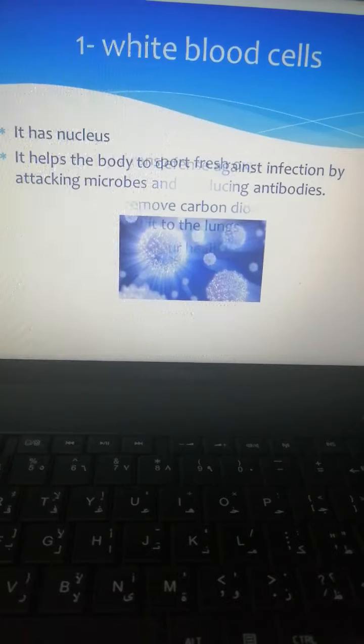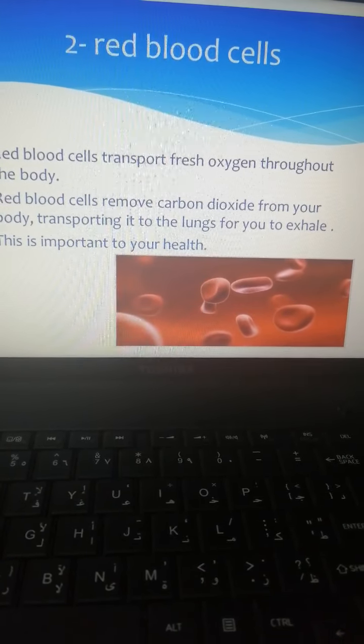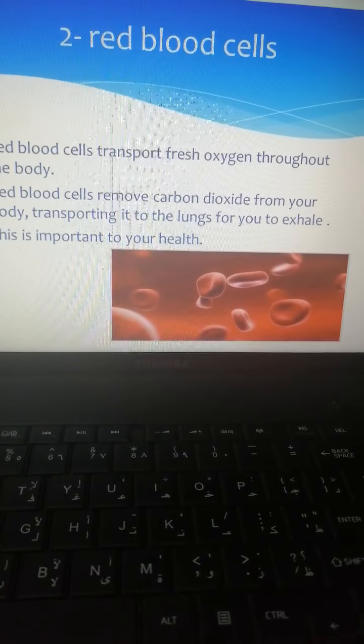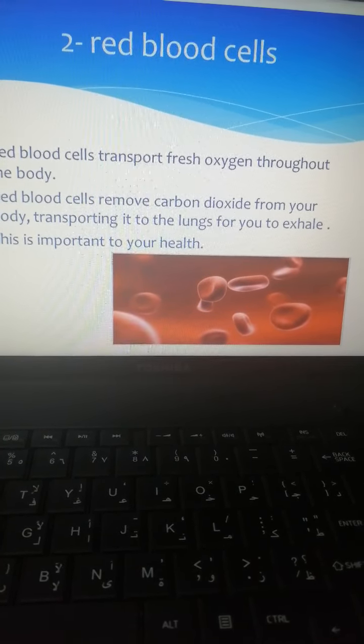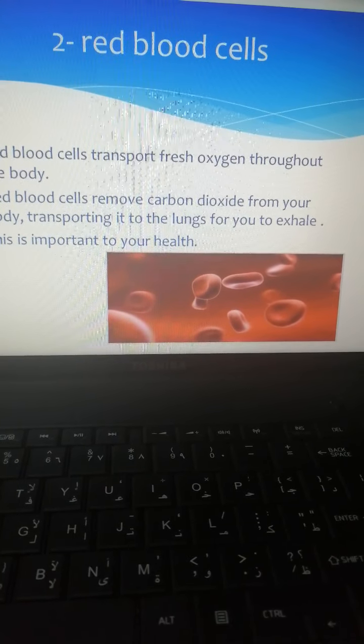Number 2, red blood cells. Red blood cells transport fresh oxygen throughout the body. So what is the function of red blood cells? Transport oxygen.